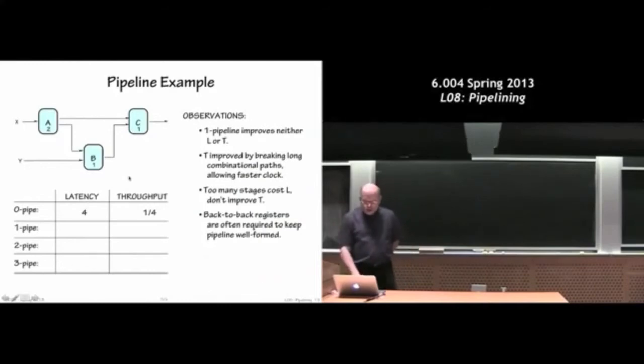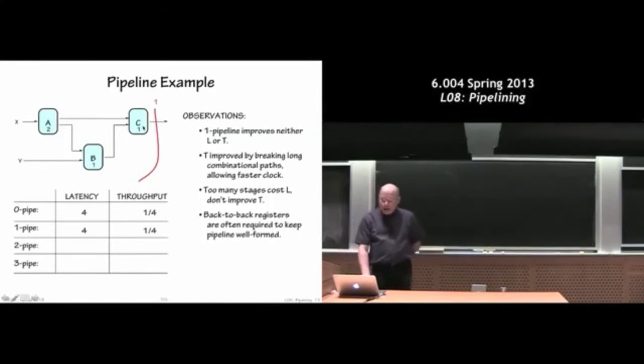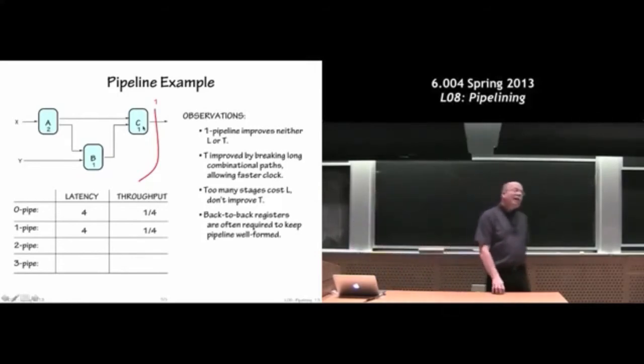Okay, so we're going to focus on the bottlenecks. We can say, look, we want to make sure that we're always going to put a register on the output. And we notice that when we do so, our 1 pipeline has the same latency and throughput as the 0 pipeline.